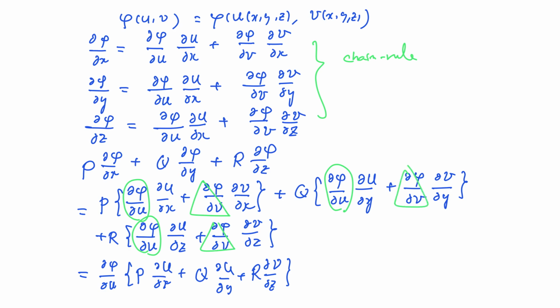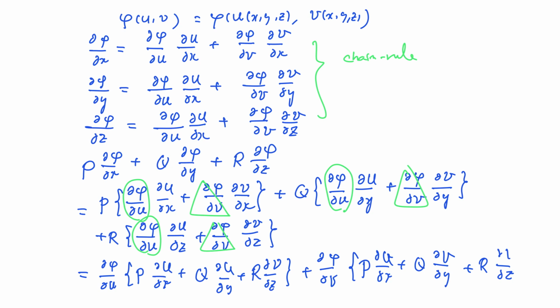So we can have partial phi over partial v times (P partial v over partial x plus Q partial v over partial y plus R partial v over partial z). This is v.